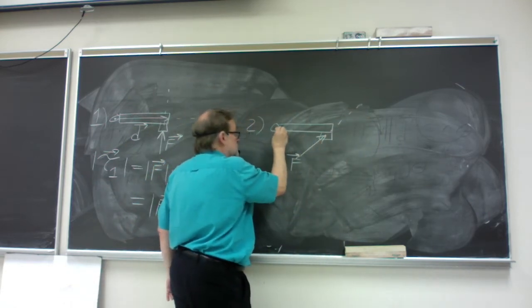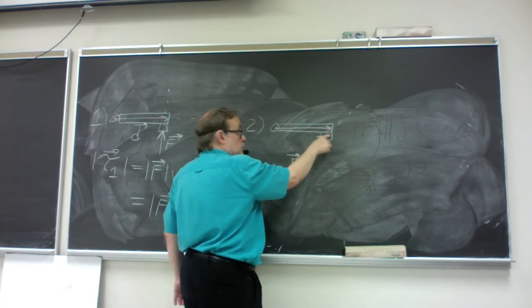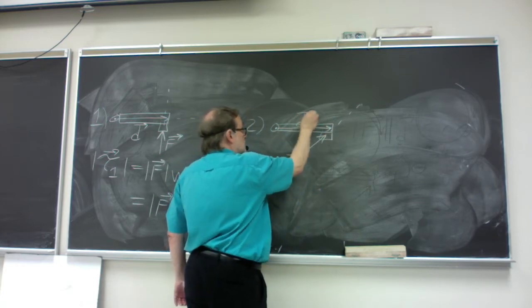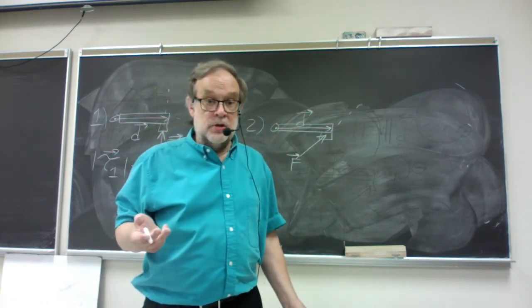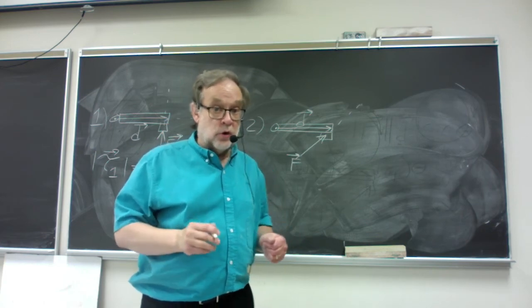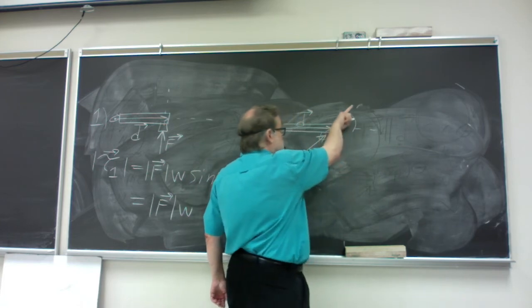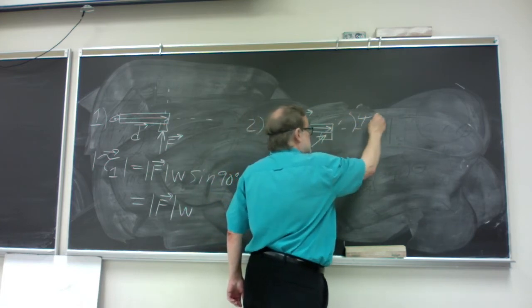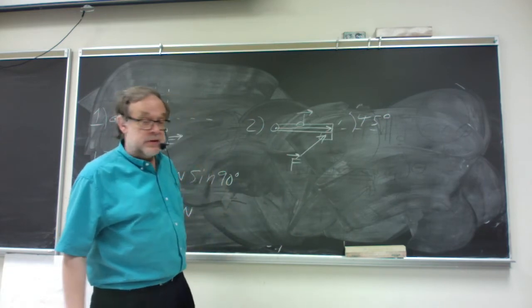And the displacement vector is still taking you from the hinge all the way to the doorknob, from the reference point to the point where the force is applied. So the magnitude of the displacement vector is still width of the door. And now the angle between the force direction and the displacement direction, let's say it's 45 degrees instead of 90 degrees in the previous example.